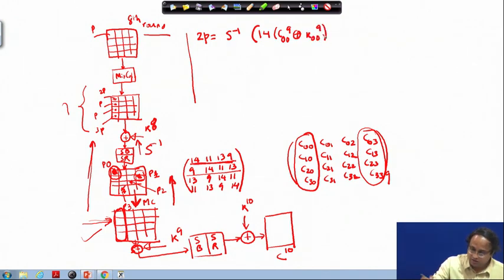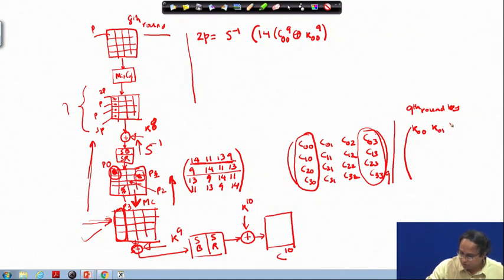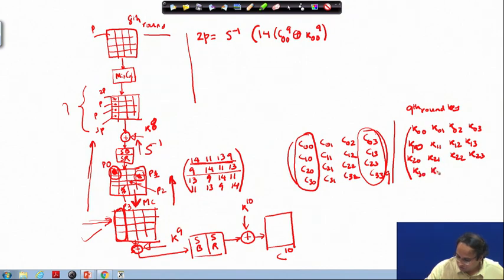When I write K009, I mean the 9th round key, which is K00, K01, K02, K03, and in exactly the same way K10, K11, K12, K13, K20, K21, K22, K23, K30, K31, K32 and K33.